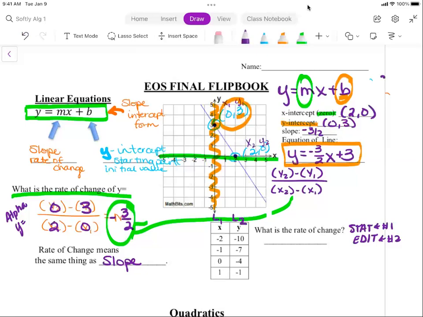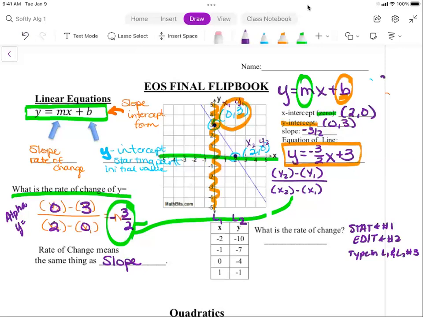So I need to look at L1. I need to be typing in -2, -1, 0, 1. Then I need to go over to L2 and type in my Y values: -10, -7, -4, -1. L1 and L2 is number 3.